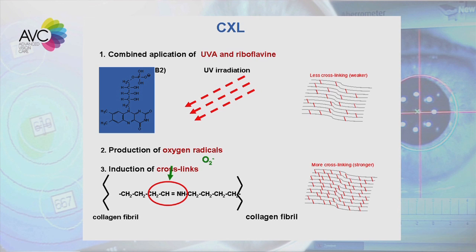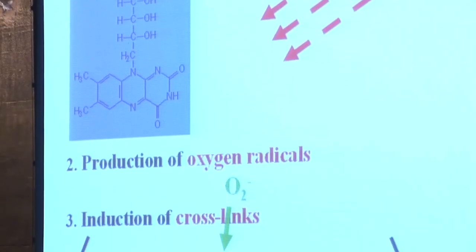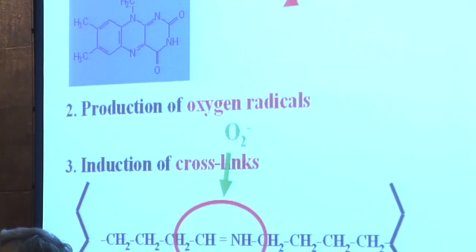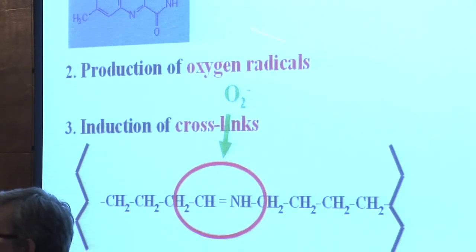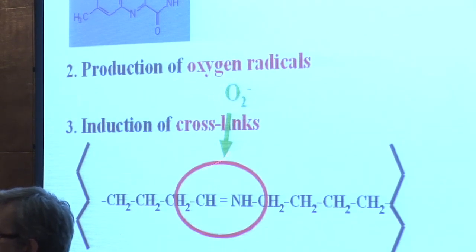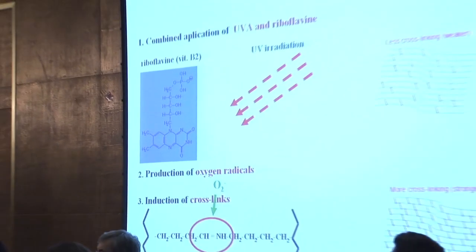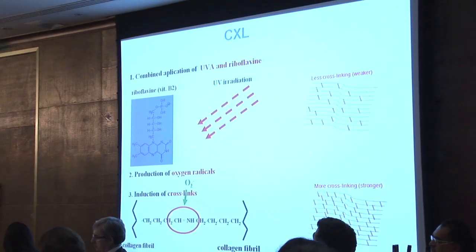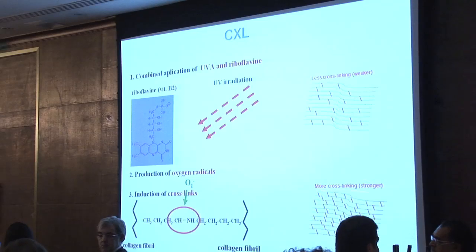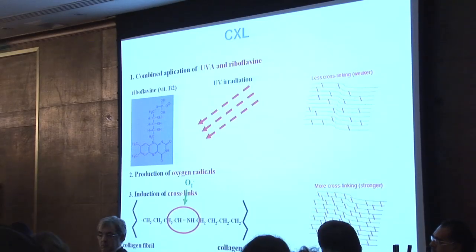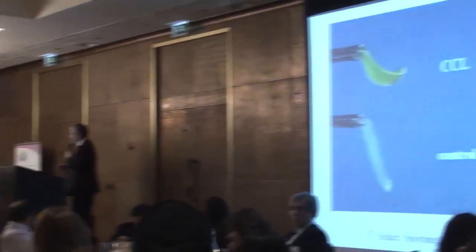Riboflavin doesn't allow UV light to penetrate across the cornea, so all the UV light stops in the thickness of the cornea, and it induces, by the production of oxygen radicals, new corneal cross-links in the cornea. So after cross-linking, we have more cross-links in the cornea, and the cornea becomes stiffer.